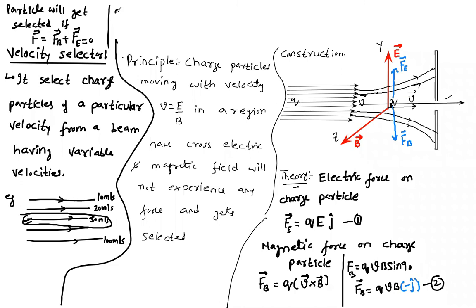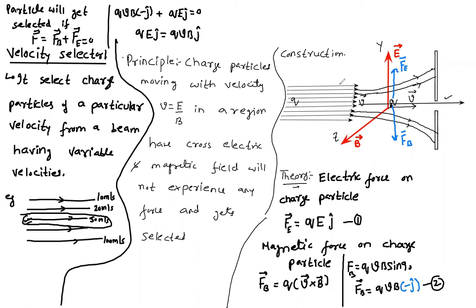See, your magnetic force is QVB in the minus j cap direction, and your electric force is QE j cap, and the sum is equal to 0. You can take this to the right hand side, so you'll be left with QE j cap equal to QVB j cap.